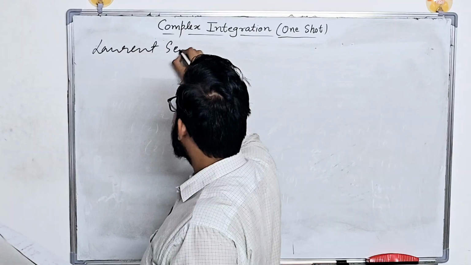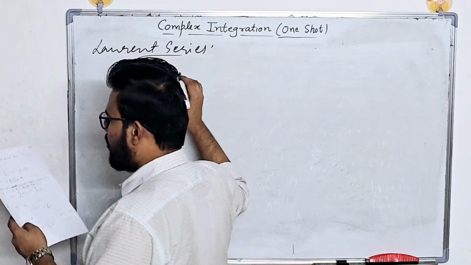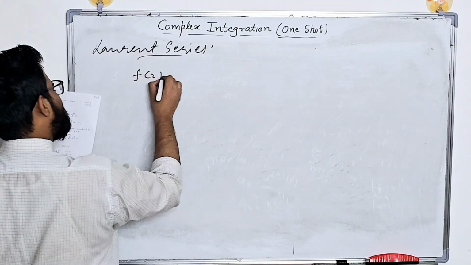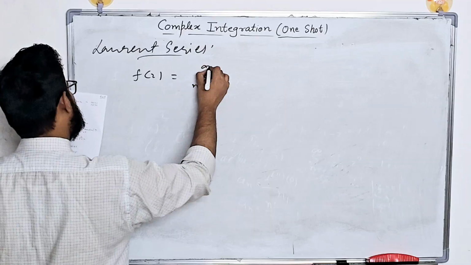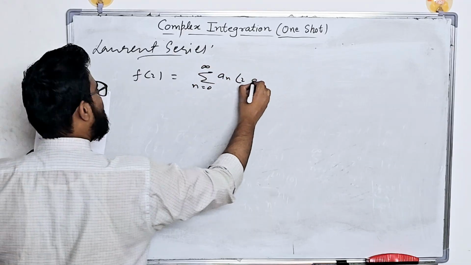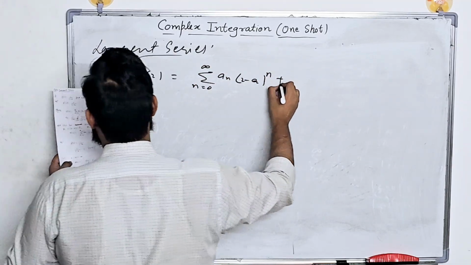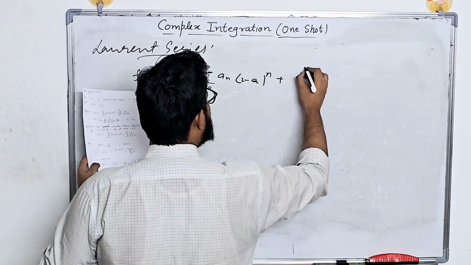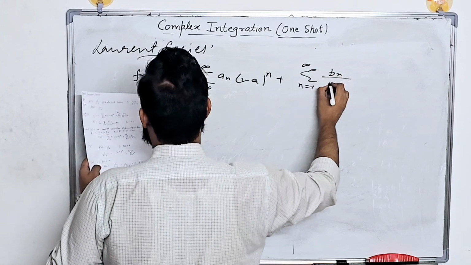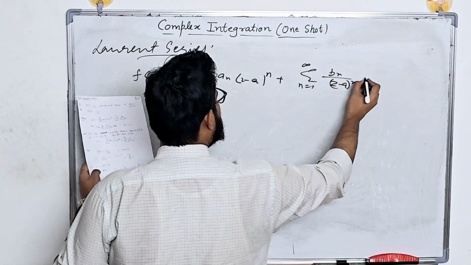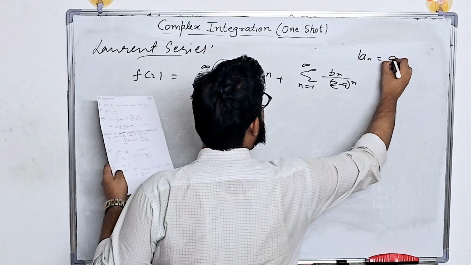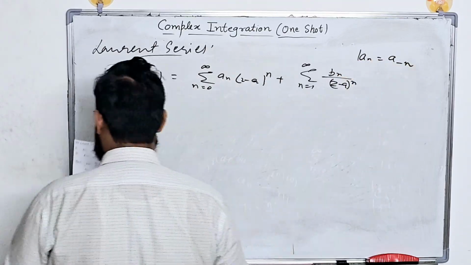Laurent series. So basically it is of the form f(z) is the summation n equals 0 to infinity of a_n times (z minus a) raised to power n, plus the quantity summation n equals 1 to infinity of b_n divided by (z minus a) raised to power n, where b_n is equal to a subscript negative n, right?